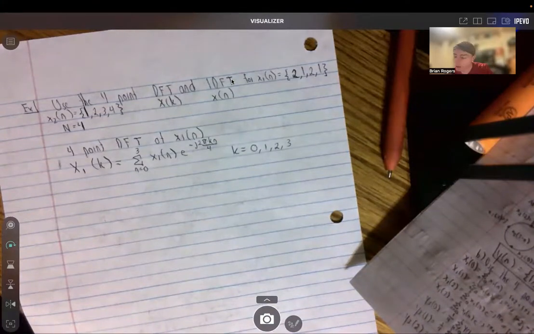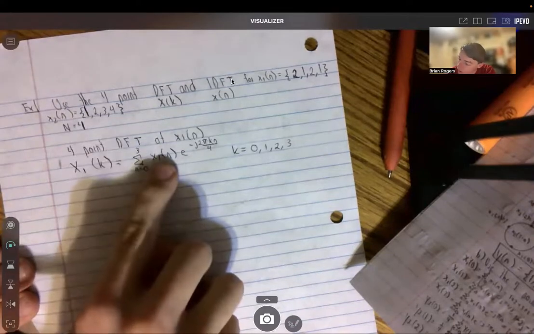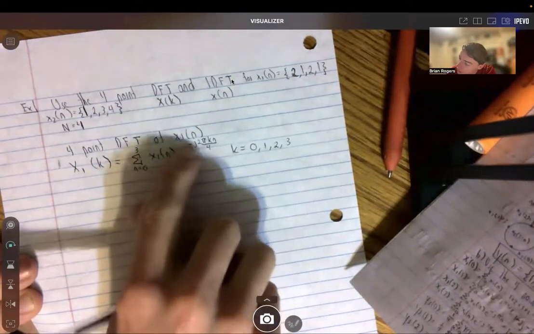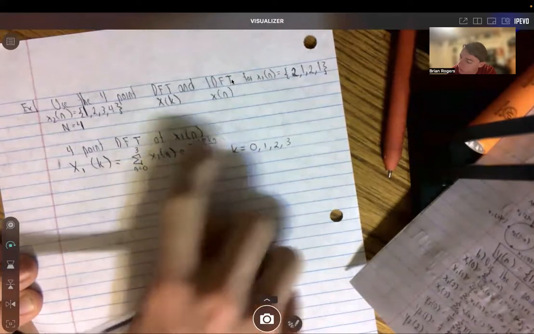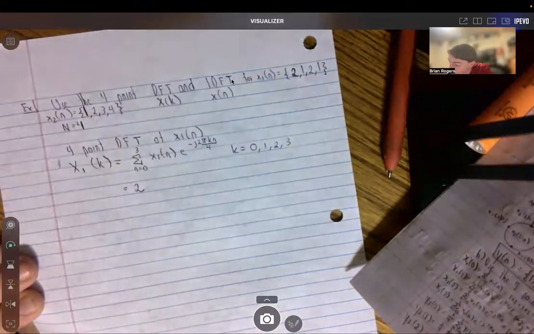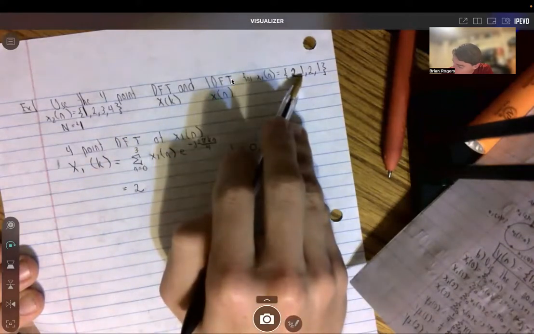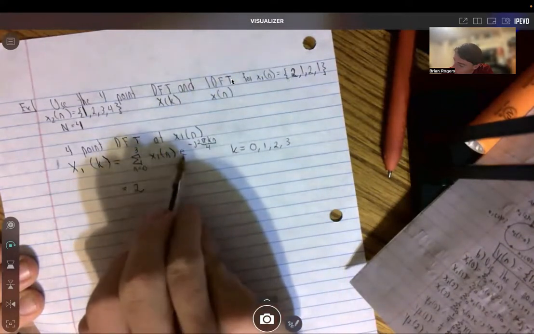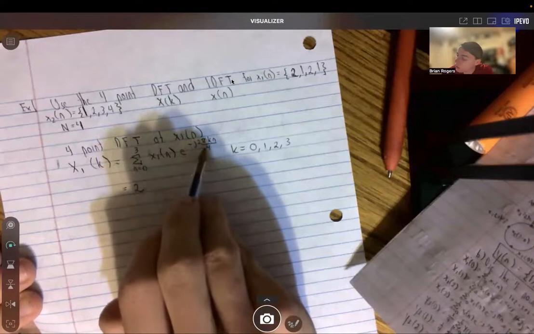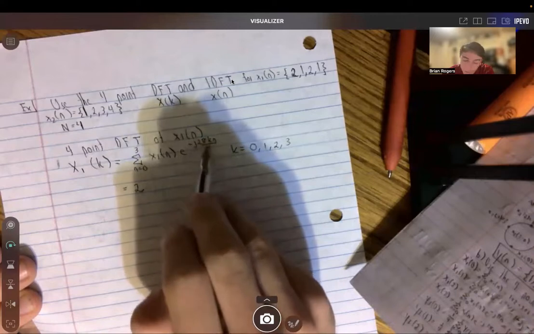Specifically, when we go x1 of 0, that's going to be 2. So it's 2 e to the power of 0, and e to the 0 is 1, so it's just 2. For our next one, we plug in x1 at position n equals 1: 1 times e to the negative j 2 pi k over 4, which is e to the negative j pi k over 2.